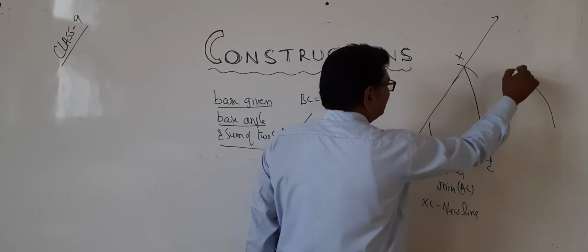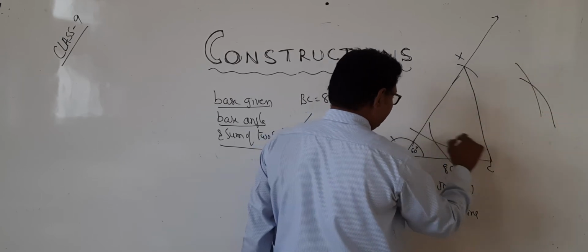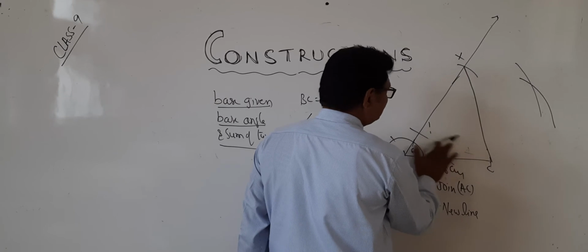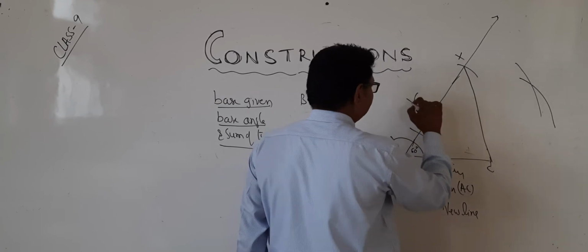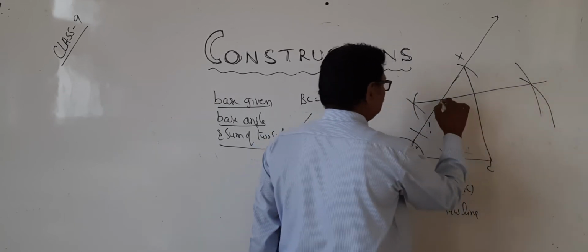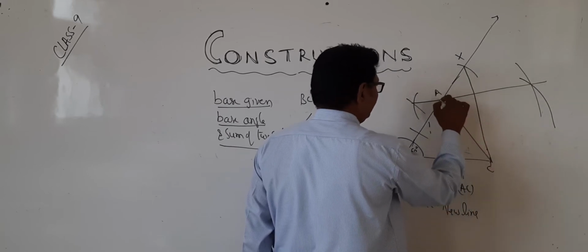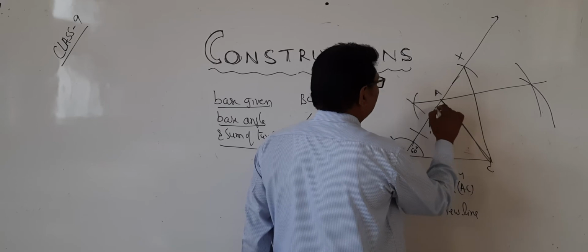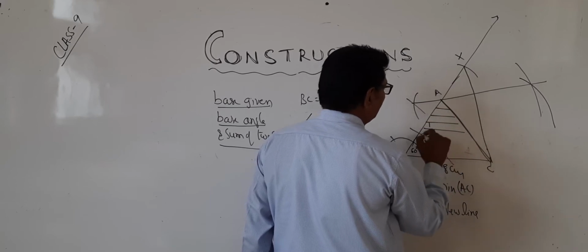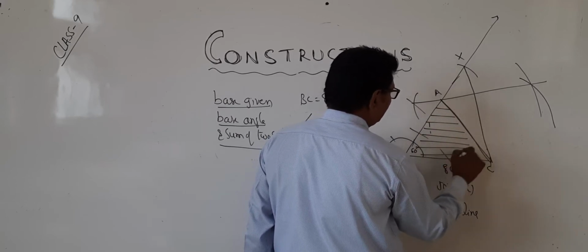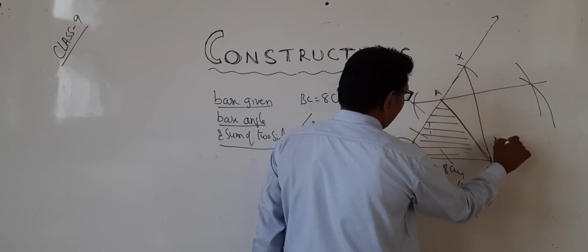Again like this, and again like this. Then it will join at A. That intersection point is known as A, and this is nothing but our required triangle ABC.